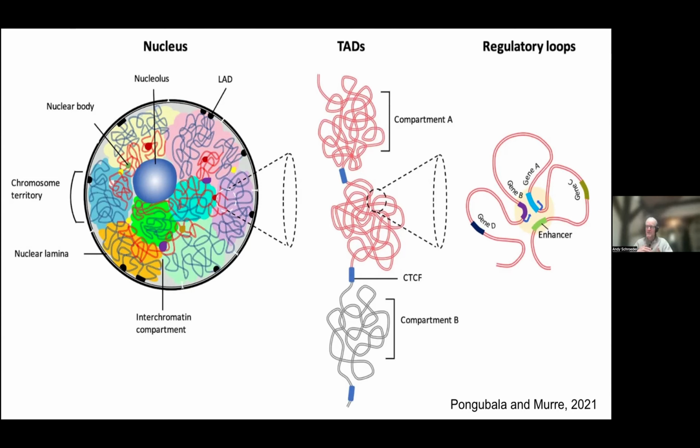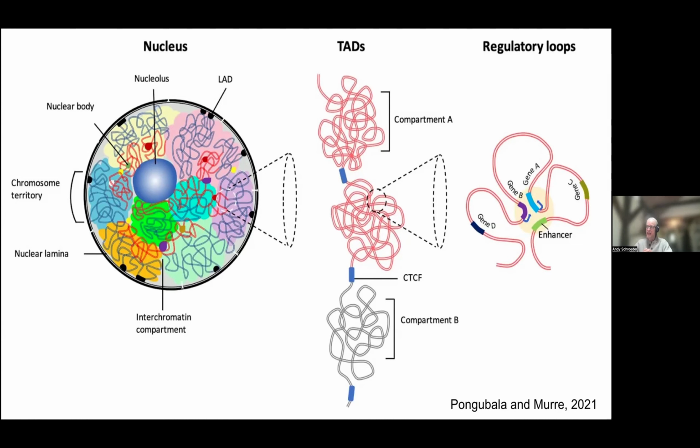So lamina-associated domains on the periphery and NADs, or nucleolus-associated domains, as well as nuclear bodies where there's a lot of transcription. And then of course the larger structures like the nucleolus. And then you can drill down and start to look at individual chromosome territories.